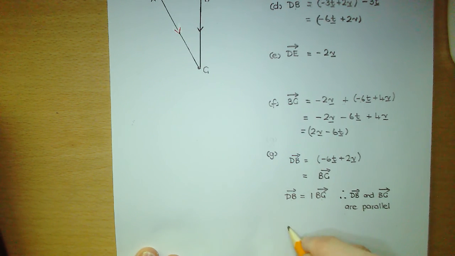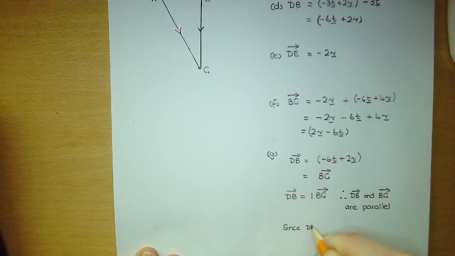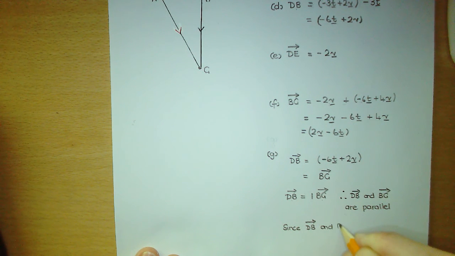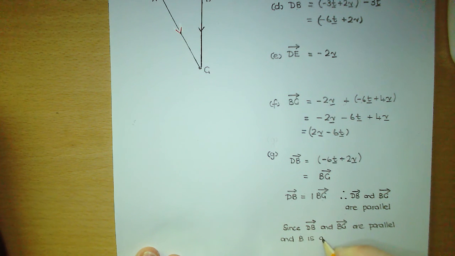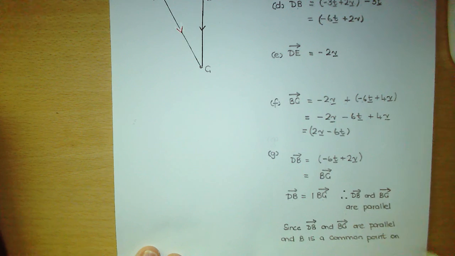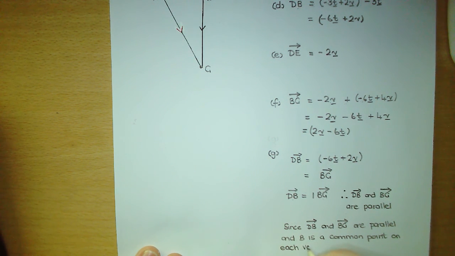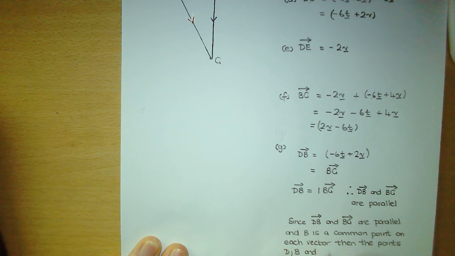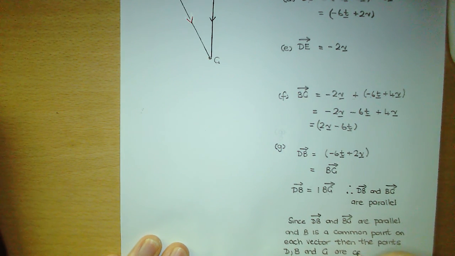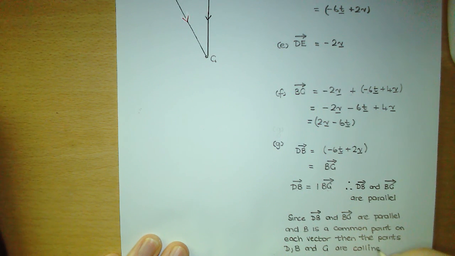So final bit: since DB and BG are parallel, and B is a common point on each vector, then the points D, B and G are collinear. Okay, and that's it.